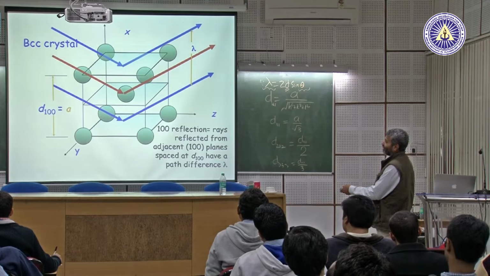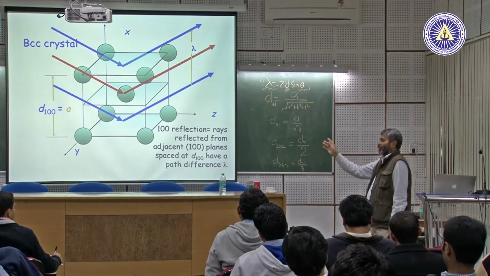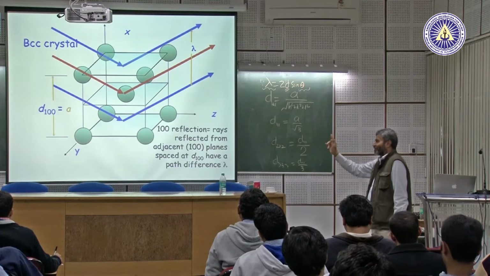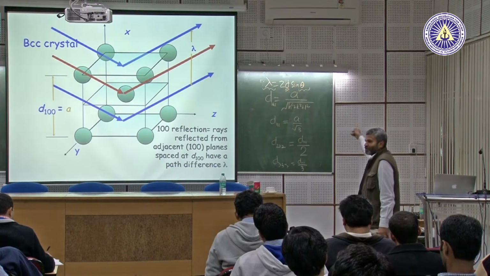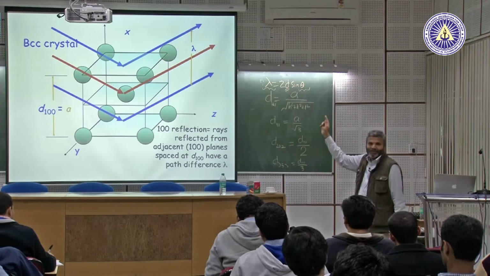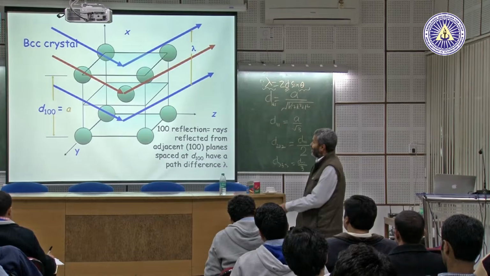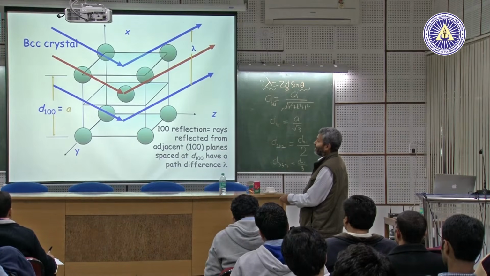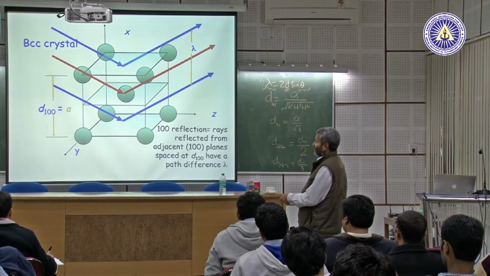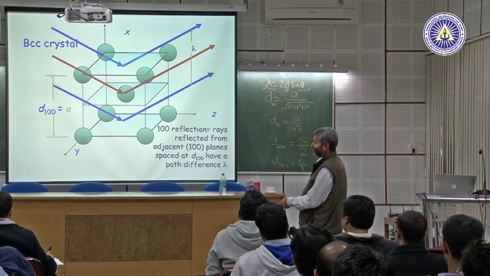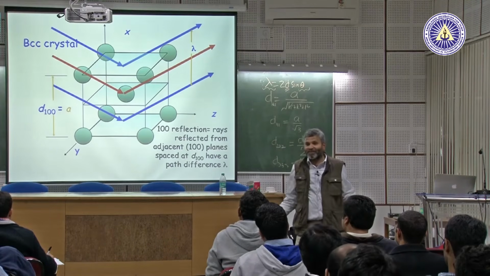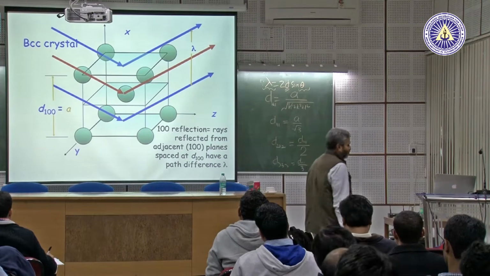Here you will have to make a list of plane as well as order: 100 first order, second order, third order, 110 first order, second order, third order, fourth order, fifth order. So, doing things systematically becomes more complicated, because you have two variables here, the plane and the order. Here by systematically fixing the order 1, you have only one variable, the plane.